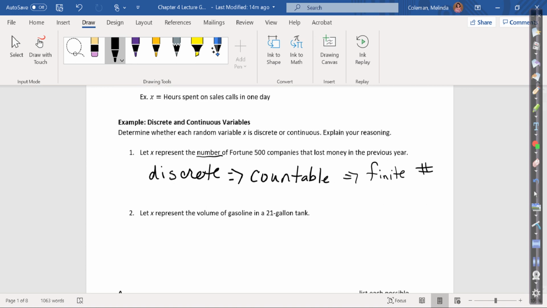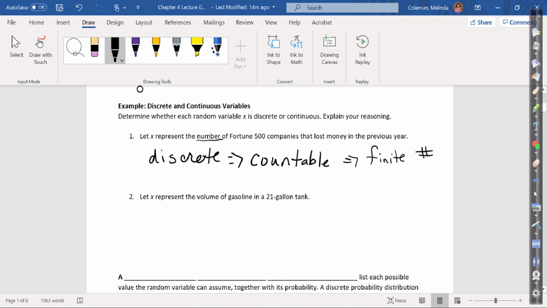Then number 2 says let X represent the volume of gasoline in a 21-gallon tank. Well, volume then, similar to time, is not countable. So this is going to be continuous. It's not going to be easy to say I have 1.1 gallons, 1.11 gallons, 1.112 gallons. As those numbers fluctuate, it's very hard to say the exact amount that's in there.